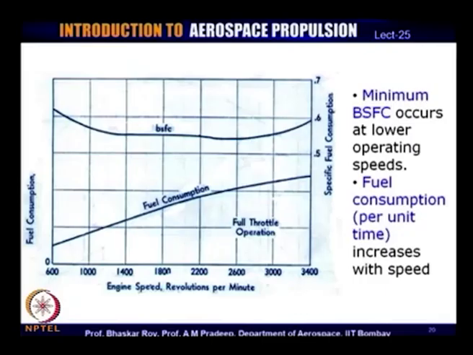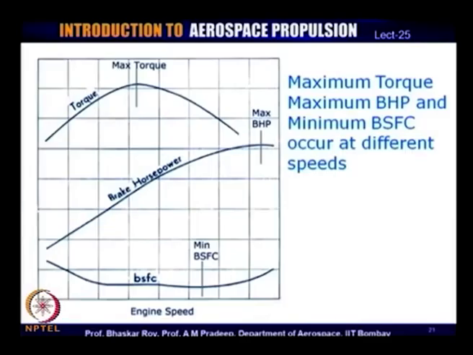So, high torque, BSFC, fuel consumption, power production are 4 different parameters, and engine operators have to keep an eye on all of them while operating the engine to find the best balance during the various courses of operation of the engine. So, we see now that maximum torque operates at some speed, maximum power operates at another speed, minimum BSFC happens at a third speed.